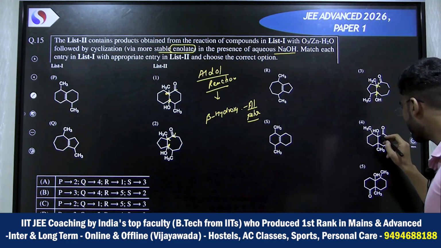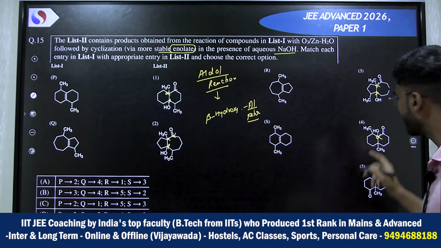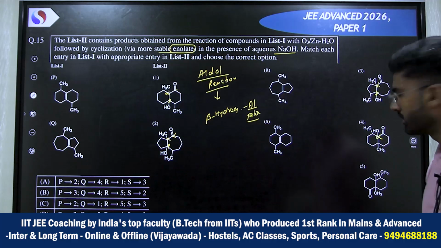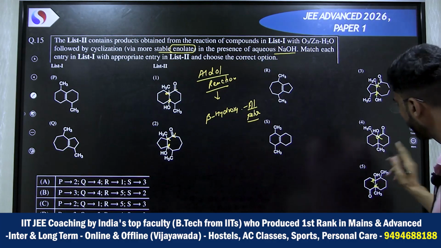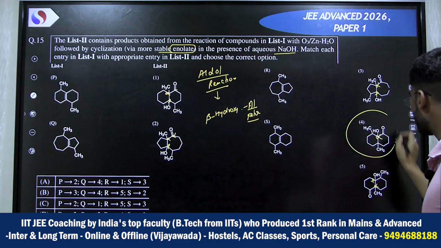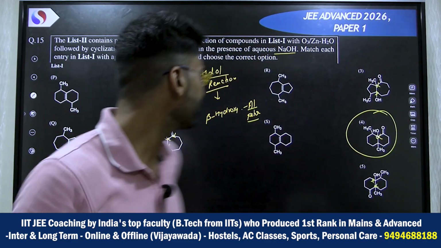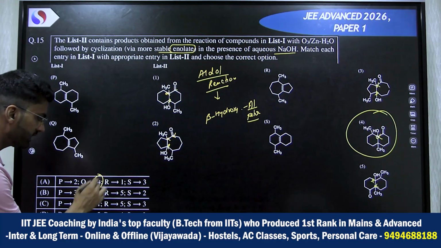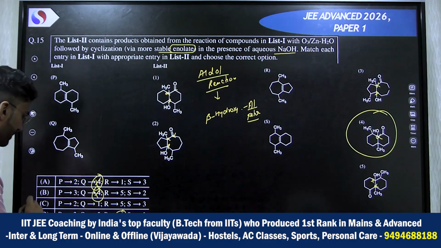In this case, you can see the hydroxy group is present at the alpha position. In this case, this is alpha, this is beta, so the hydroxy group is present at alpha, which is not possible. Just see, Q not, R not, meaning option C is the correct one.